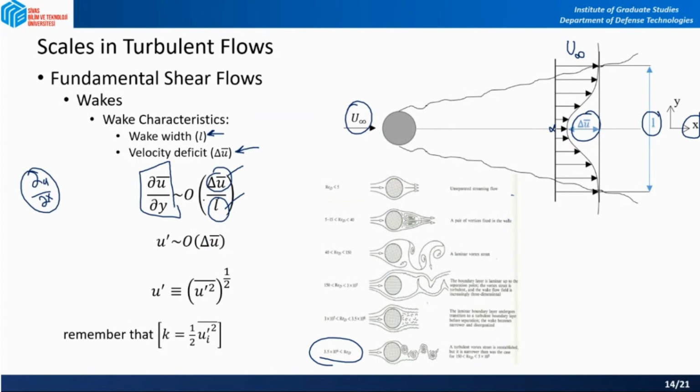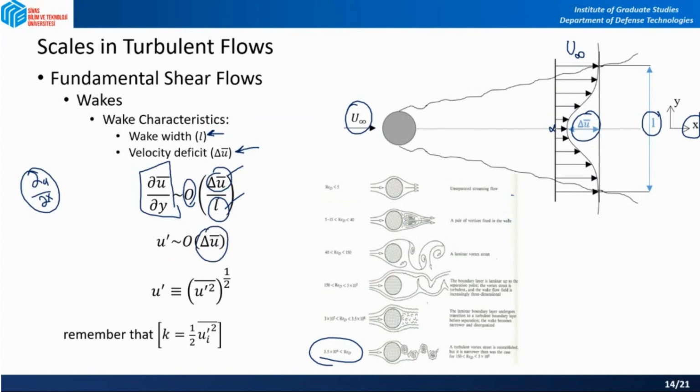Again, I am insisting that we are not talking about the exact value. We are talking about an estimation, an order of magnitude comparison. So if the wake is a turbulent wake, the fluctuations are in the order of, again, your delta U bar.